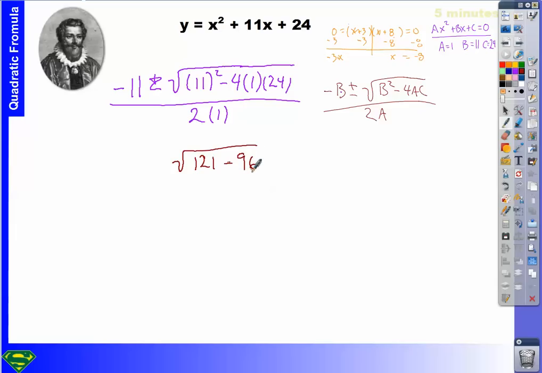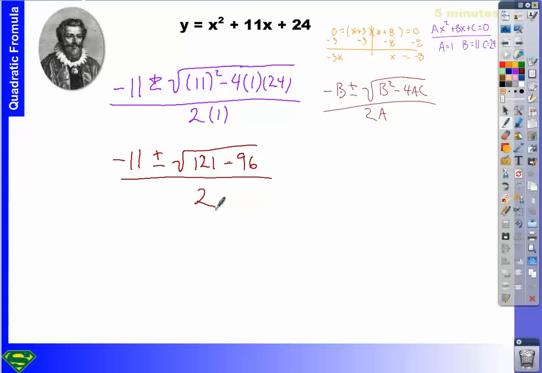And then we're going to rewrite what we've done nothing with. So we have -11 plus or minus, over 2, because 2 times a in this case is 2. Then what is 121 minus 96? 25? It's 25.